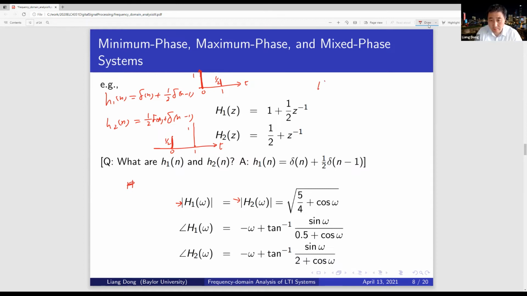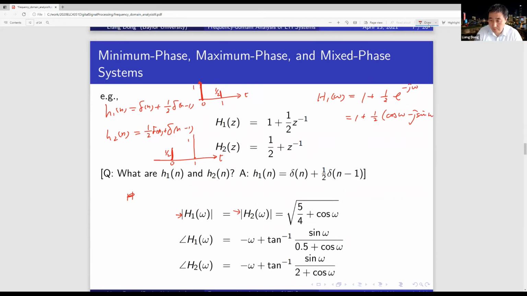Let's see, H1 of omega is 1 plus half, and then we have e to the power negative j omega. And this will give us 1 plus half cosine omega, subtract j sine omega here. Oops.